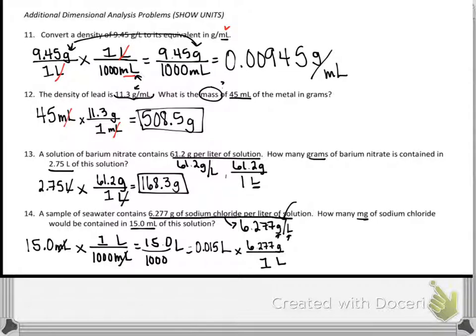In this case, our liters cancel out. Are we happy with grams? No, because we only get milligrams. So we're going to cancel out grams and end up with milligrams. How many milligrams are in a gram? We have 1,000 are equal to 1 gram. We can cancel out our grams, and now we're going to do our math.